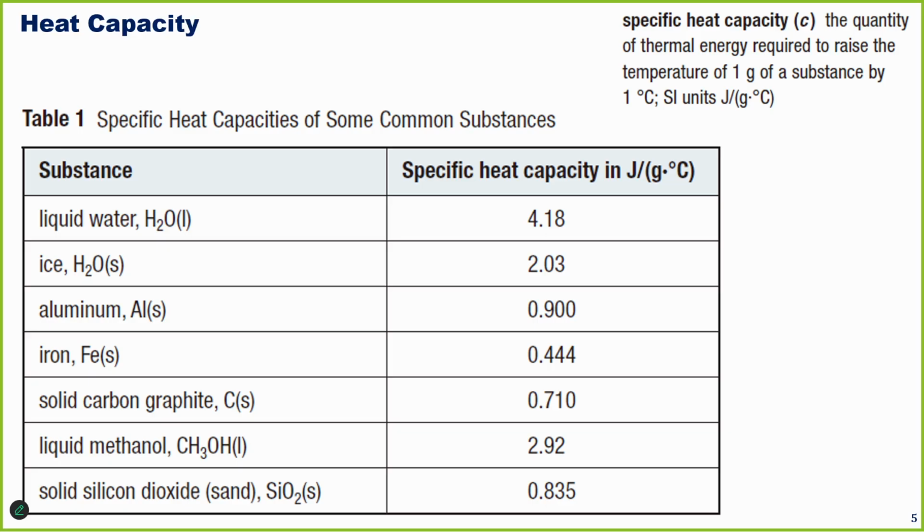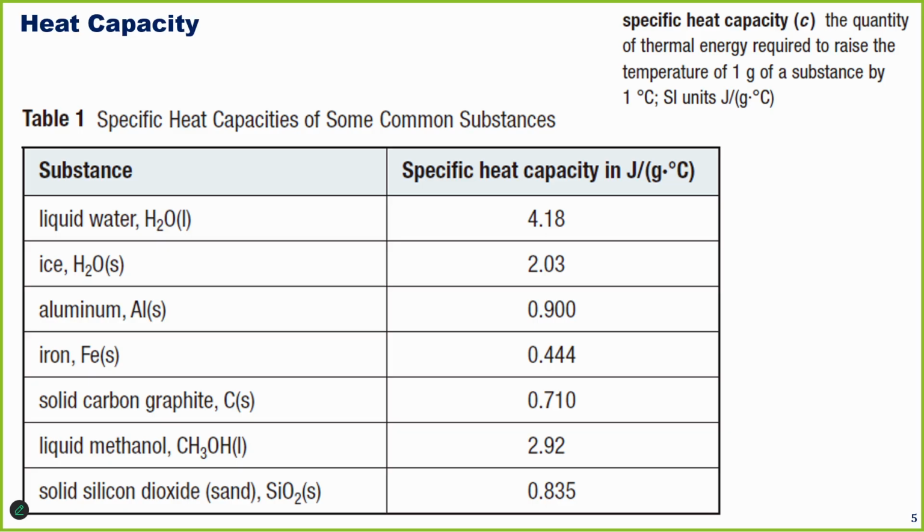The term specific heat capacity, which is usually denoted by the letter C, is the quantity of thermal energy required to raise the temperature of 1 gram of a substance by 1 degree Celsius. The SI units for specific heat capacity are joules per gram per degree Celsius.